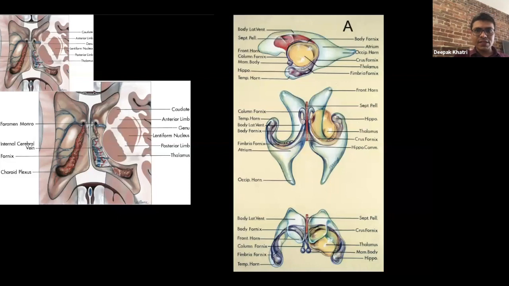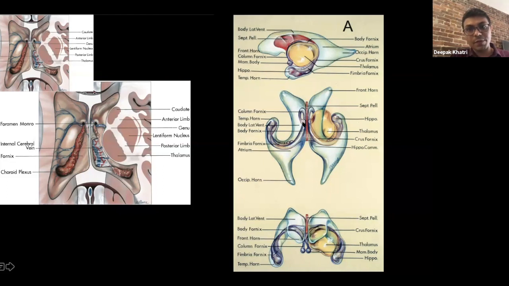Basically, this is the detailed anatomy here. And I want you to understand these are the different views. This is the sagittal view. This is a top-down view. And this is an anterior-posterior view. And the blue structure here is the fornix, which is connected to the hippocampus and the mammillary bodies.